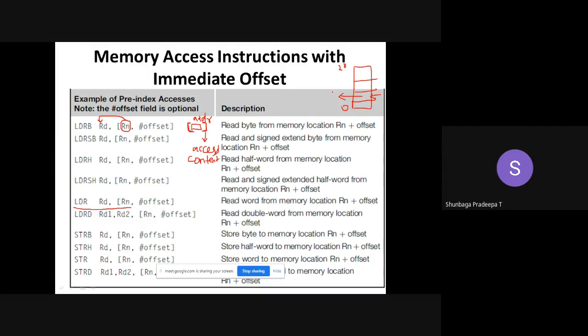Suppose my address is 5. If I write R1, content of R2, where R2 is equal to 5, let us say I have loaded R2 with 5. I have a data value something like 40 at that address. So if I write LDR R1, square bracket R2, what will be loaded in my R1 register?